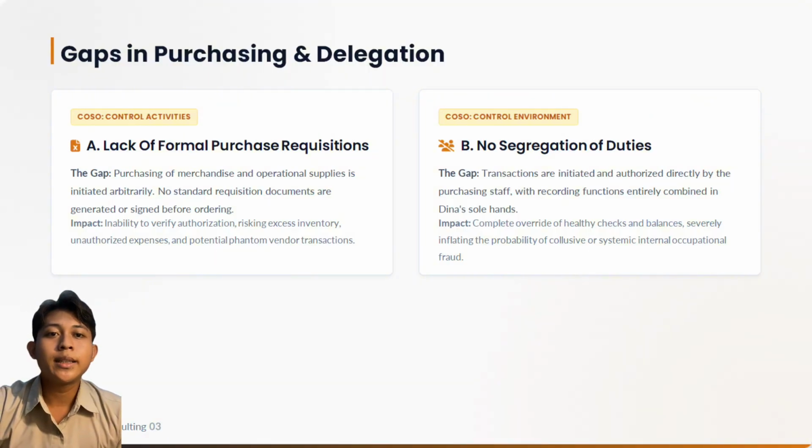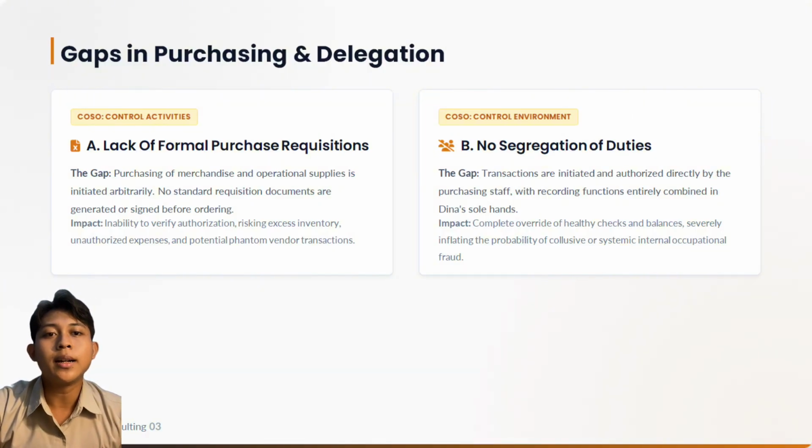The second one is this condition is categorized as a control weakness because there is no mechanism to prove whether purchased goods are actually needed by the warehouse or operational department. The part of the expenditure cycle directly affected is the initial stage of identifying needs or the purchasing process.